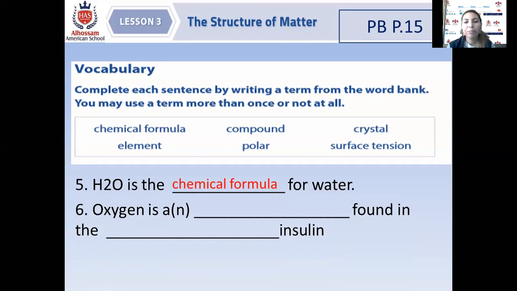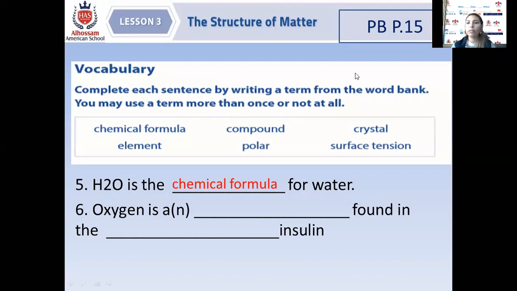Number 6. Oxygen is a blank found in the blank insulin. So we have two spaces here. Omar: oxygen is an element found in the compound insulin.